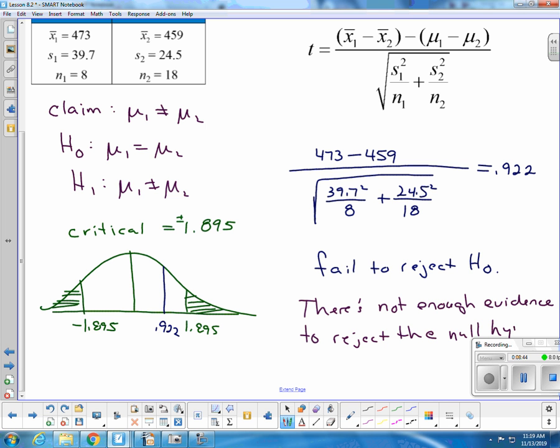What does that mean about our claim, guys? We are not going to reject our null. So what does that mean about our claim? We reject the claim. There's not enough evidence to support the claim.